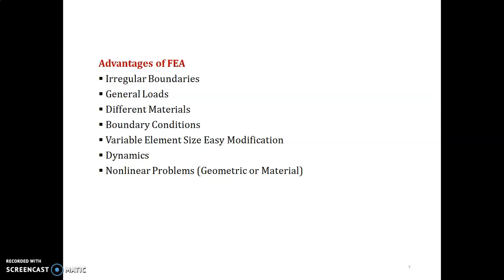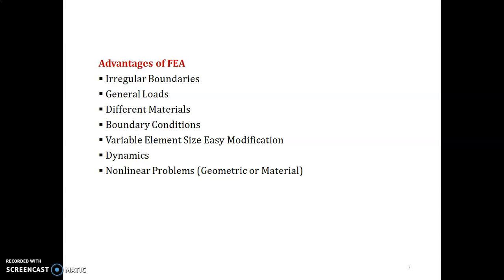And in addition to this, if you have material anisotropy, for example if the elastic properties are not constant in all directions, that is what we know as anisotropy, and non-homogeneity, such problems can be solved without much difficulty.